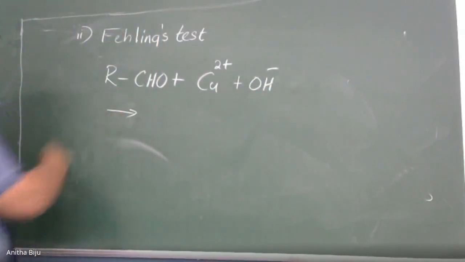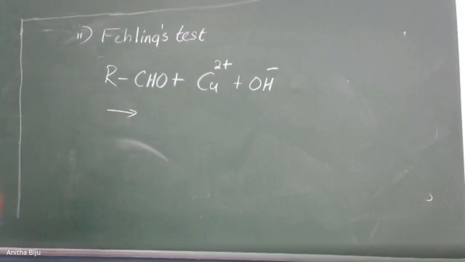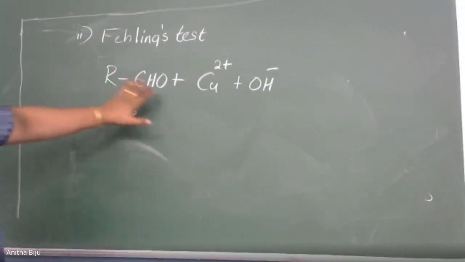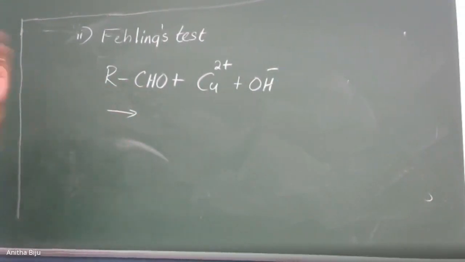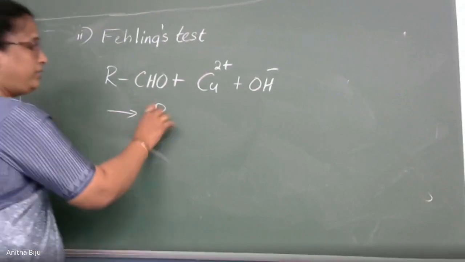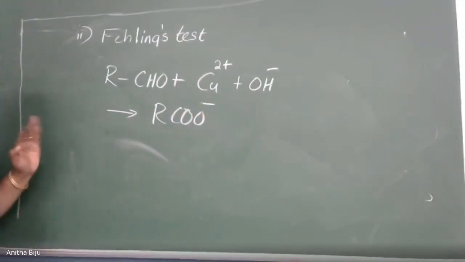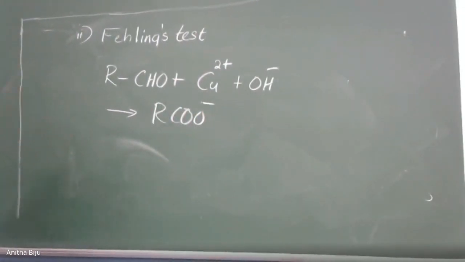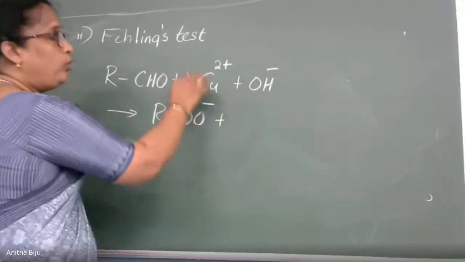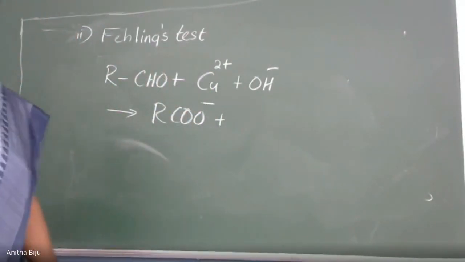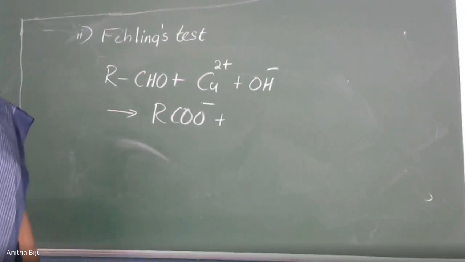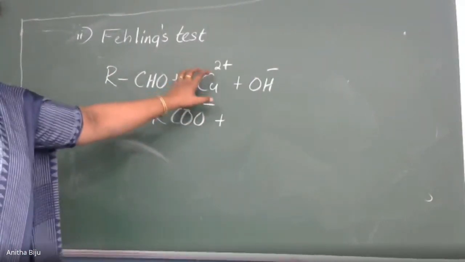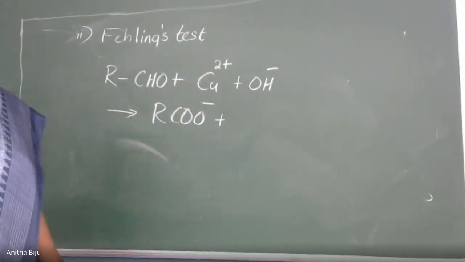Now in a very simple way we can remember the product. Look, RCHO, this is an ionic equation, so we have RCOO minus, converted into the corresponding carboxylic acid salt. Now cupric will be reduced to cuprous oxide, because it is an oxidizing agent, so it itself undergoes reduction.